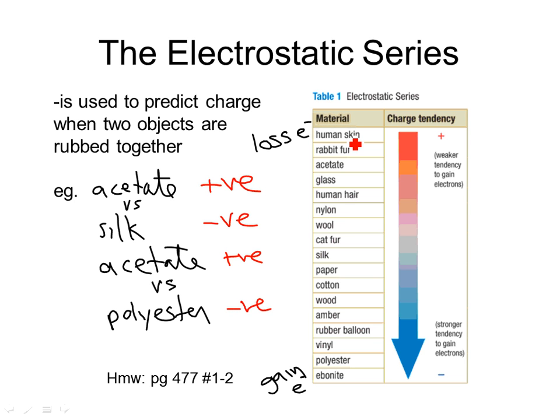Which will be a stronger charge? Which pair, acetate versus silk, and acetate versus polyester, which will result in the stronger charges? A greater number if we could see the numbers. Which one would result in a stronger charge? A bigger number if we could see the numbers, but we can't. What do you think? And why is that?